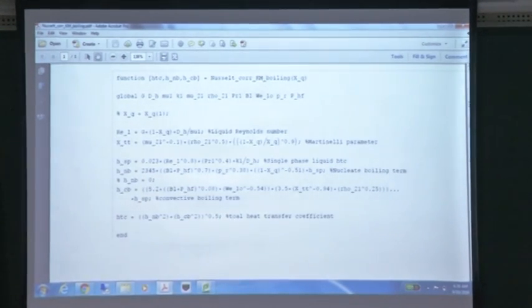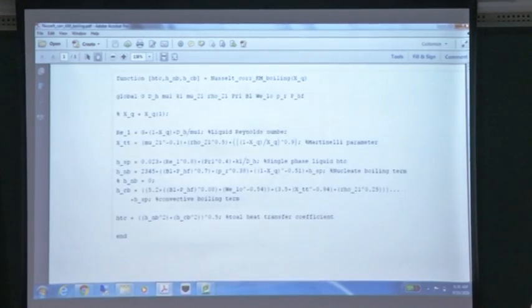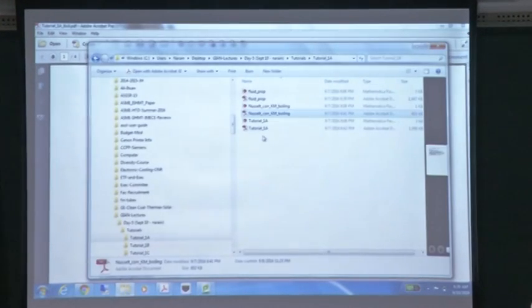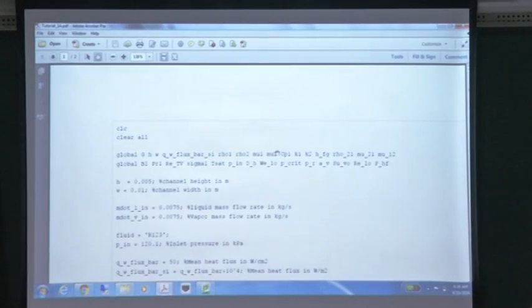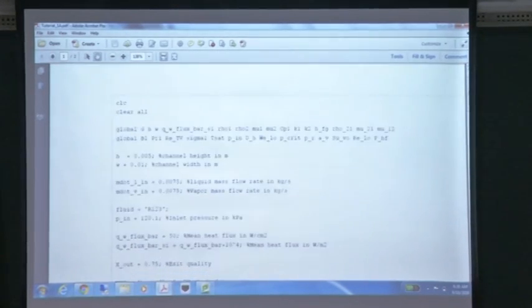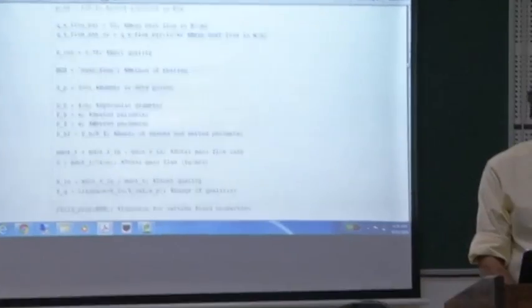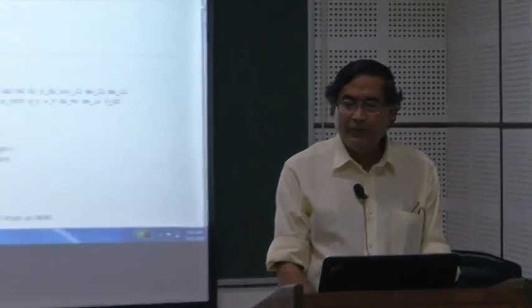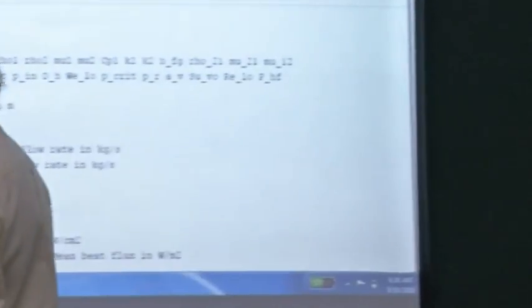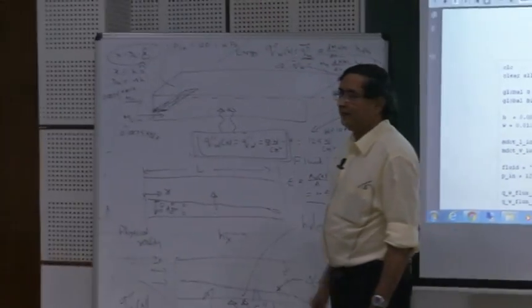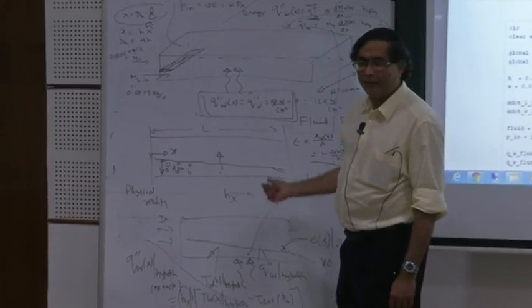So what I'm suggesting here is that if you just take the trouble, here is the tutorial to plot quality versus X out, all the formulas, you can take this code and change a few numbers. Ask yourself, for a simple reason, what if this was 25 or 100 watt per centimeter?